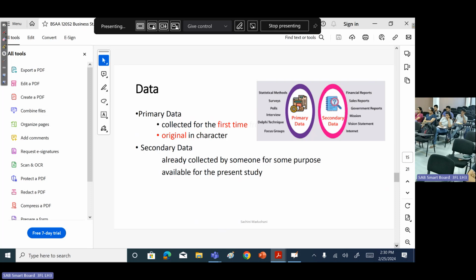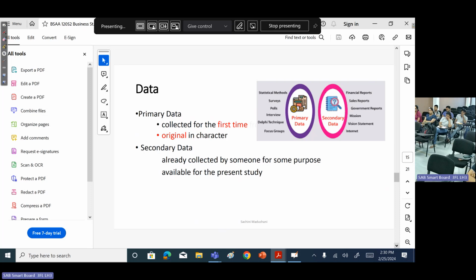Primary data are collected for the first time. If you want to conduct a study, we will collect the data according to the study. That data set we call primary data.